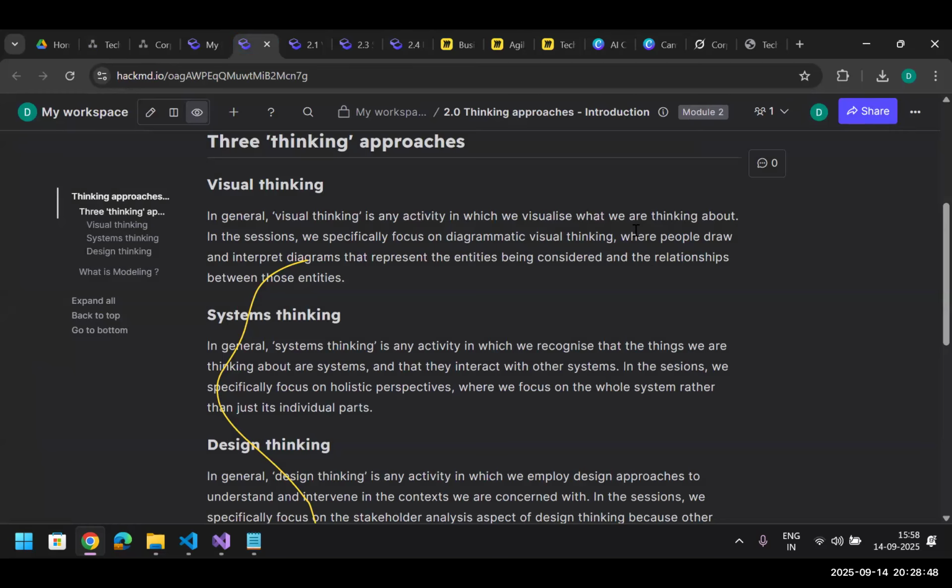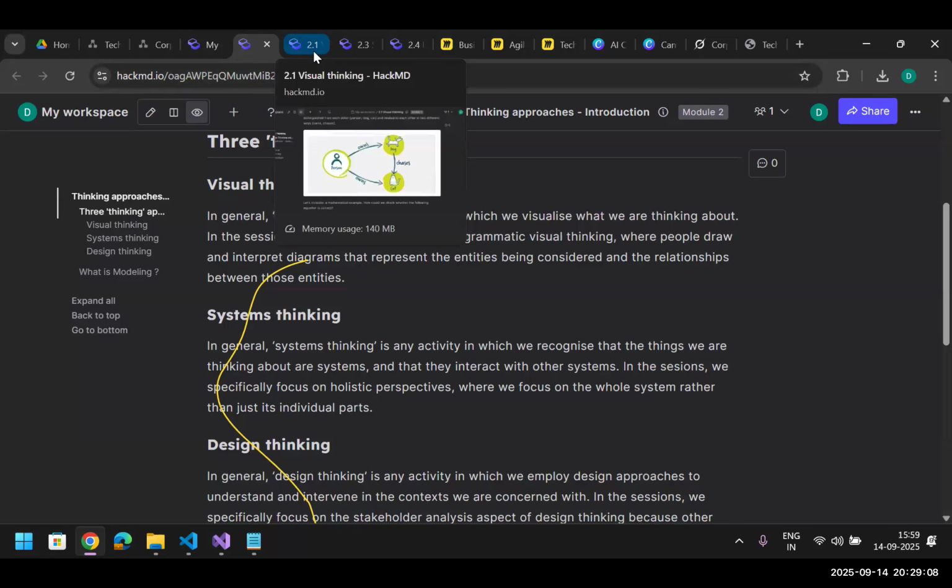These are very important thinking approaches, or modes, for a BA because he is analytical. You should be able to analyze. How do we effectively and efficiently analyze? We should be able to visualize.